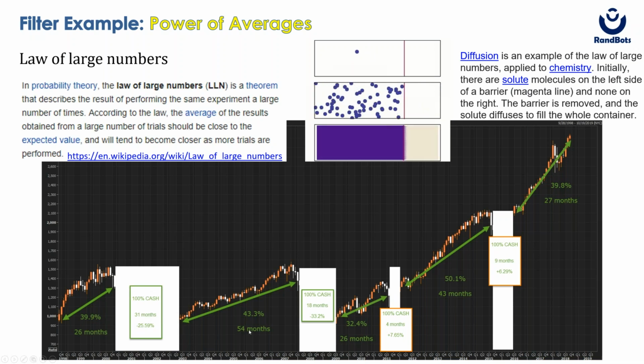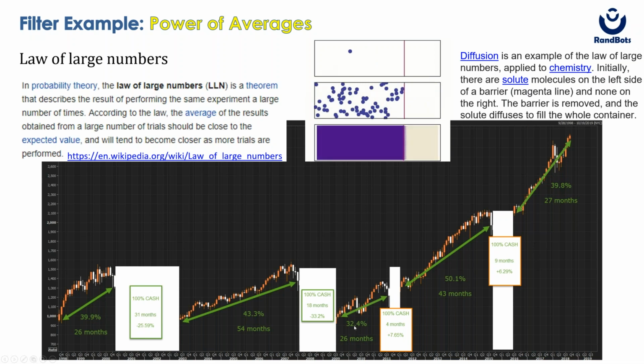Then for 54 months, the system was fully invested, with a return of 43% in price. Then the system went into cash for 19 months, and we were protected about 33%. Later, the system for 26 months straight gained 32%, similar to this.